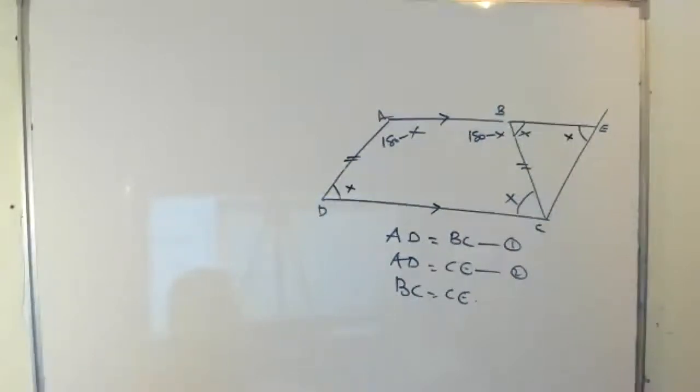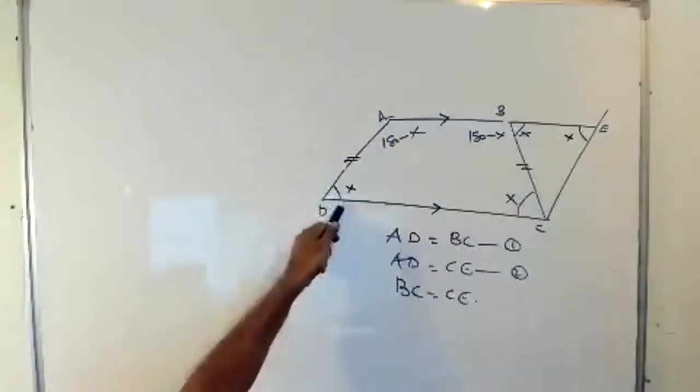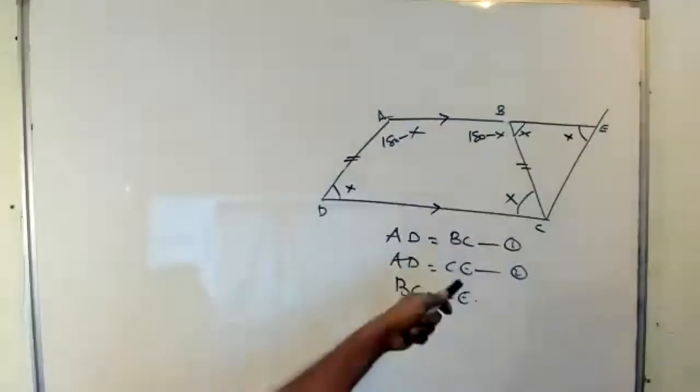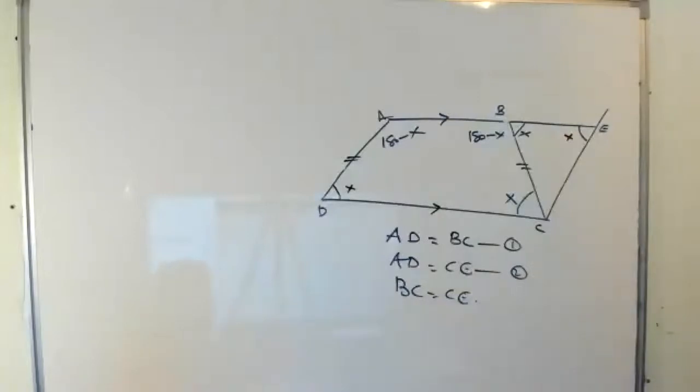D already X, C also X, so that means C equal to D. Check where I put X here.